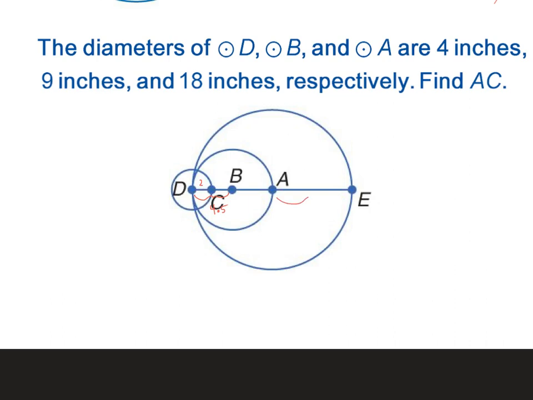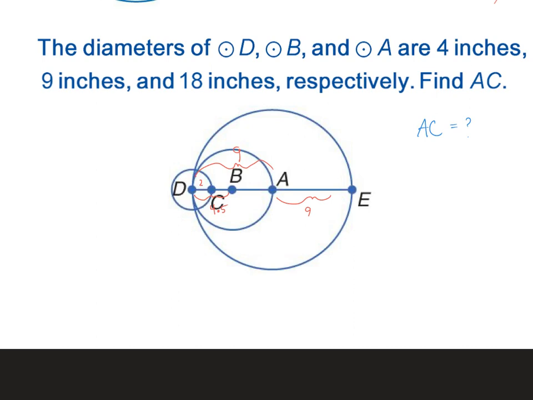So from A to E, that is 9. That also means the distance from A to D is 9. So they want me to find what is the length from A to C. So I need to find what AC is. That is unknown to me.